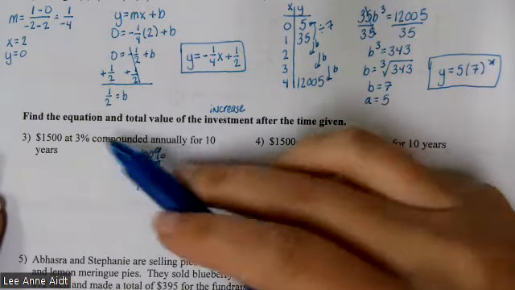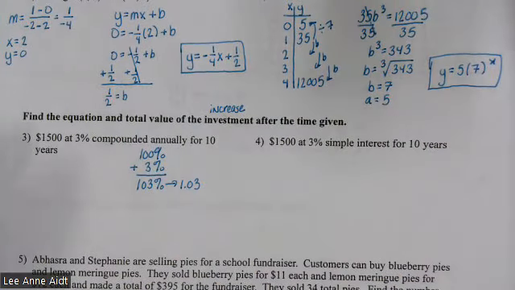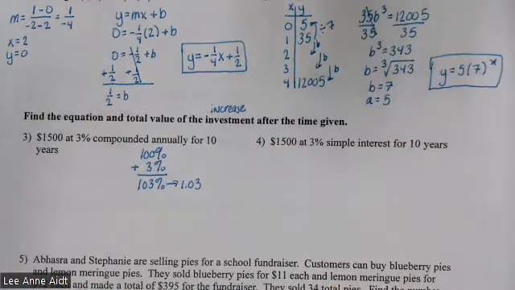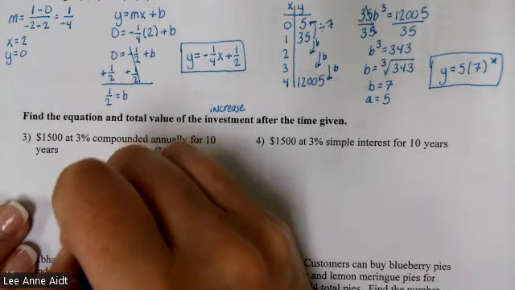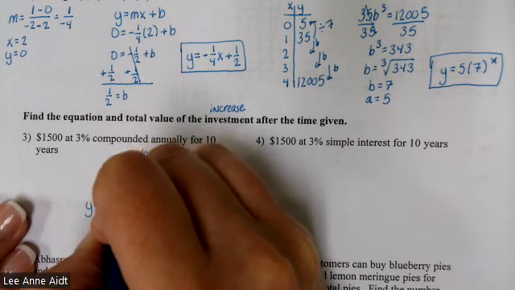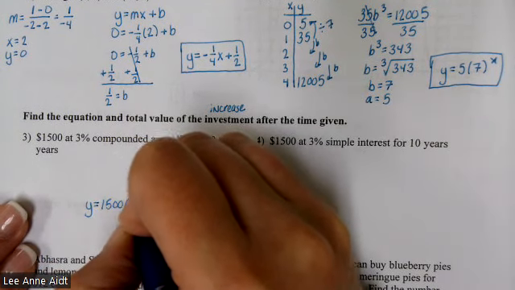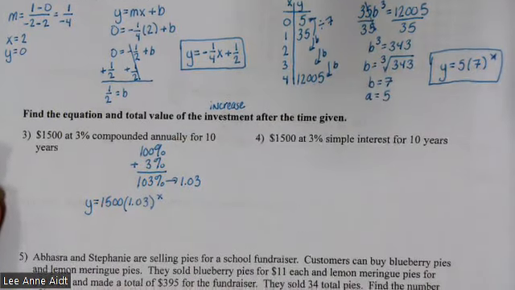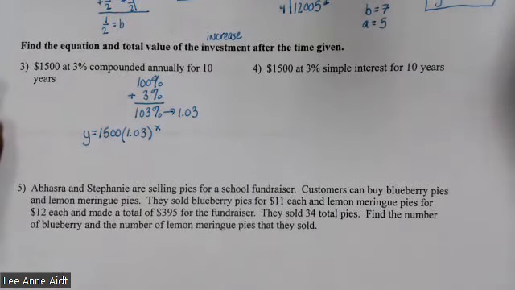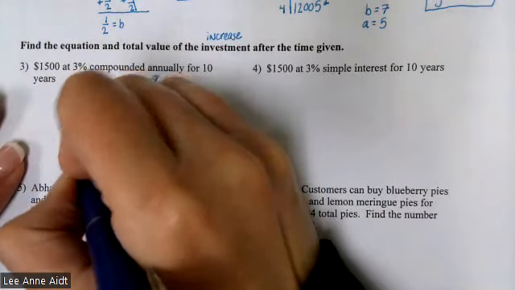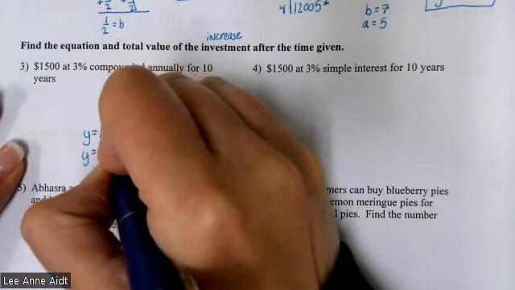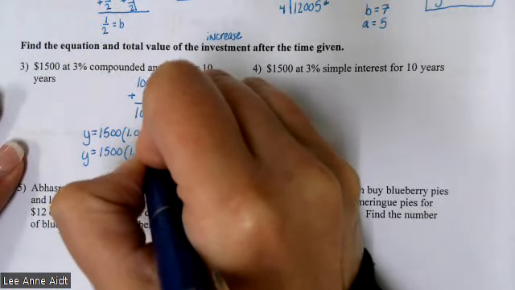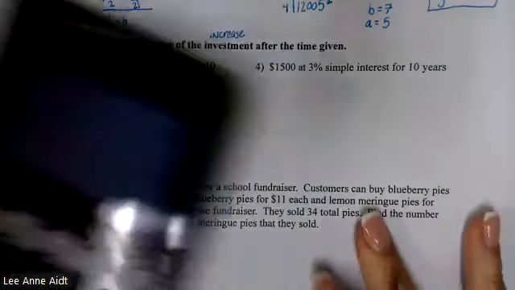If you can already read that and tell that it's a multiplier of 1.03, you don't have to write this, but I figured because it was notes, we might as well. Okay, so the equation is y equals 1,500 times 1.03 to the x. And then after 10 years, it's y equals 1,500 times 1.03 to the 10.